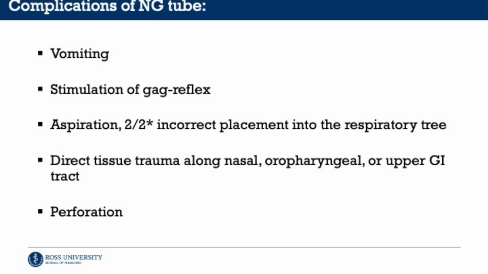Pharyngeal and piriform sinus misplacement can be recognized in a patient who complains of significant gagging or emesis. You could also inadvertently cause aspiration secondary to incorrect placement of the nasogastric tube, not into the stomach, but into the respiratory tree. The risk for pulmonary complications is increased in patients with nasogastric tubes.